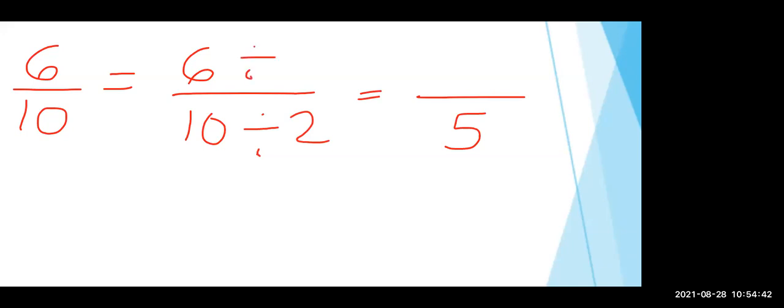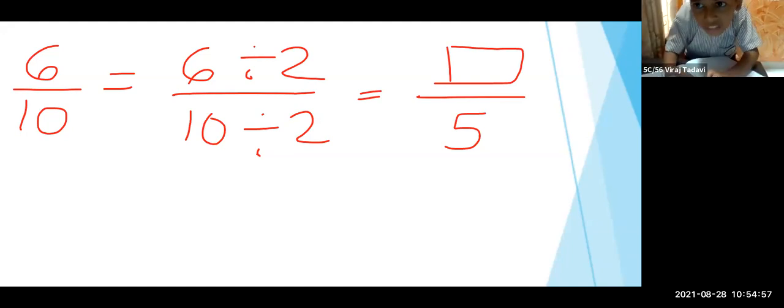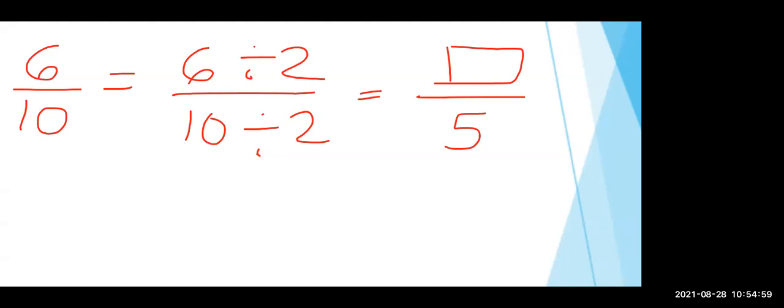Divided by 2. Now in this box, what answer will come? Teacher, 3. 2 3s are 6. Very good. That means you have understood how to do an equivalent fraction when the denominator is 5.